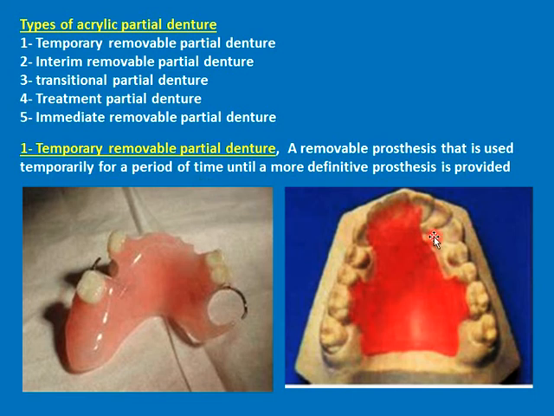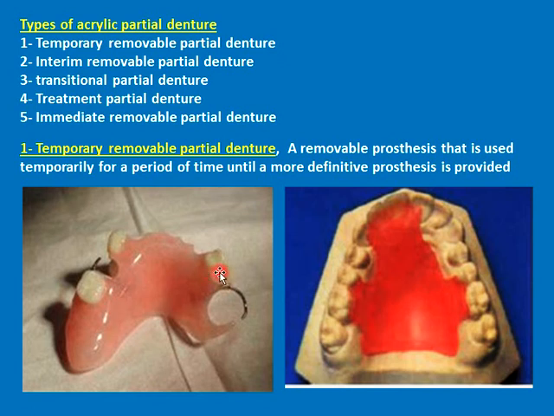For example, here the patient has lost 2 teeth, central and lateral, so we construct for him a partial denture to wear for a period of time, because it is a possibility that we might make a bridge or we might make an implant, but the time has not come for the patient to decide, so he wears this partial denture for an unlimited period of time.